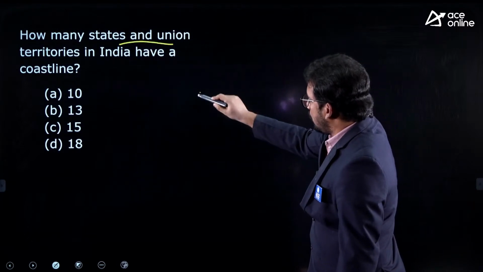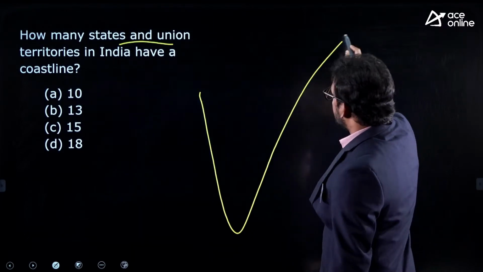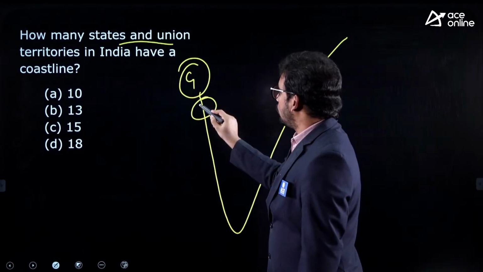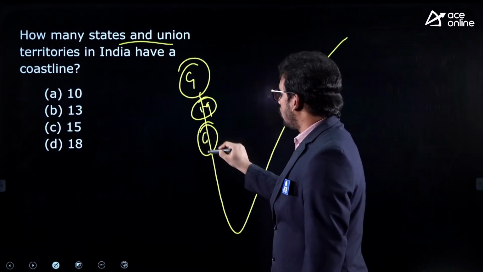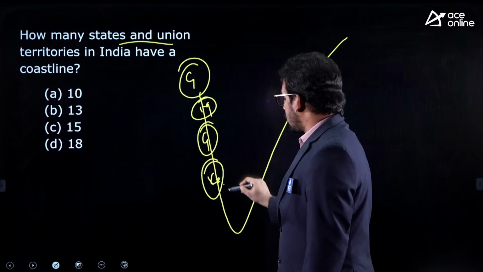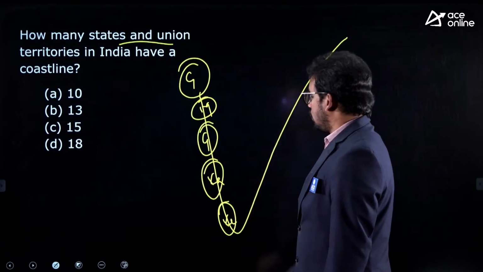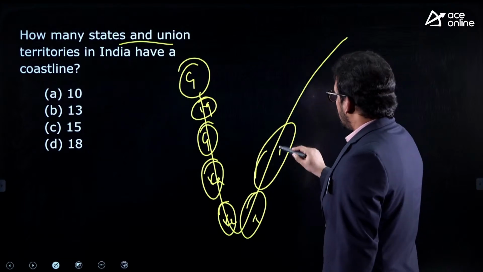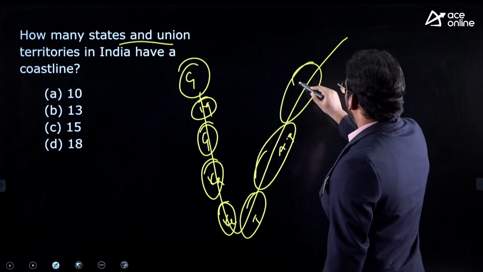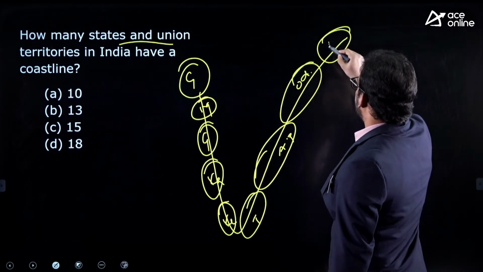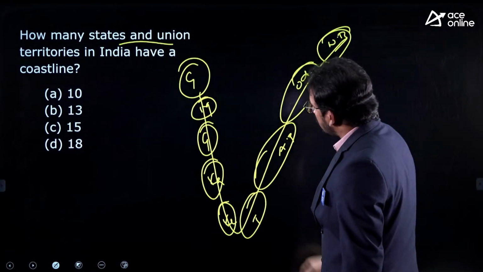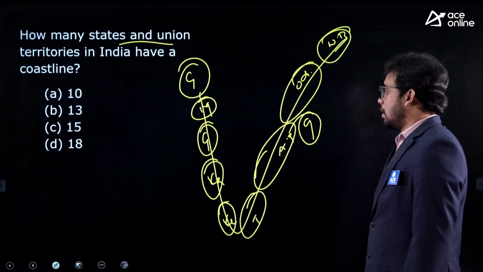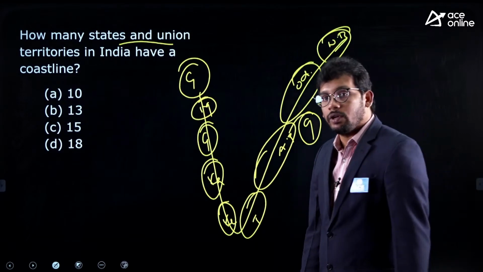This is the India coastline starting from Gujarat, then we have Maharashtra, Goa, Karnataka, Kerala, then Tamil Nadu, Andhra Pradesh, Odisha and West Bengal. So total how many states are there? 5 plus 4, total 9 states. But they are also asking about the union territories.